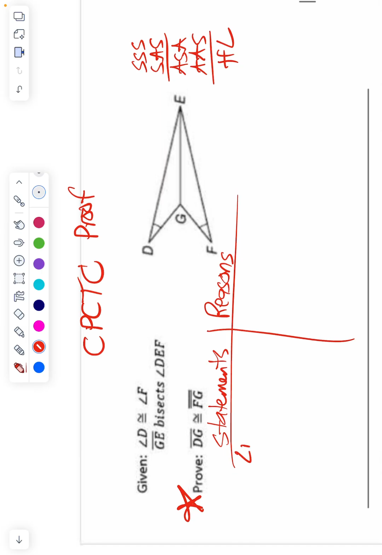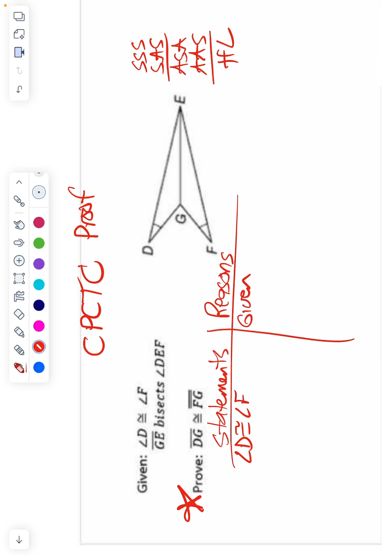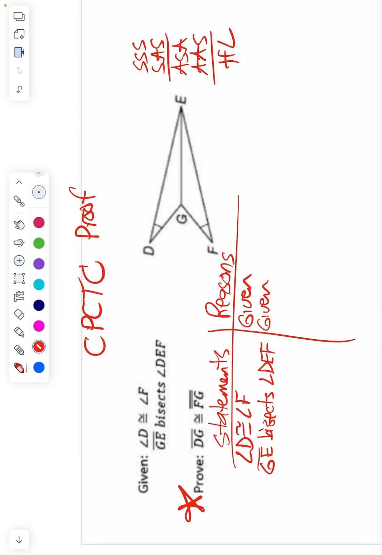All right, angle D is congruent to angle F. Is that in the figure? Do I need to mark that? No, that's there. Okay, GE bisects angle DEF. Is the result of that in the proof? No, it's not.